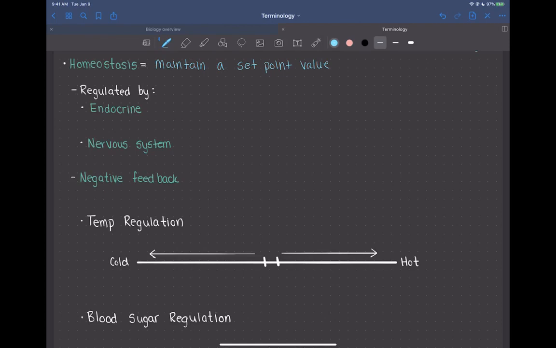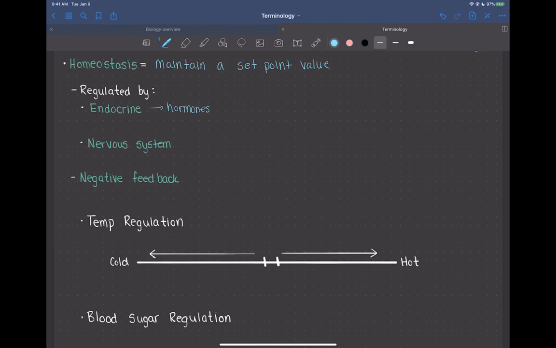Okay, and so homeostasis in the body is regulated by two different systems. So we have the endocrine system. Okay, and so the endocrine system works through hormones. You're going to learn all about the endocrine system and the different hormones in AMP2.